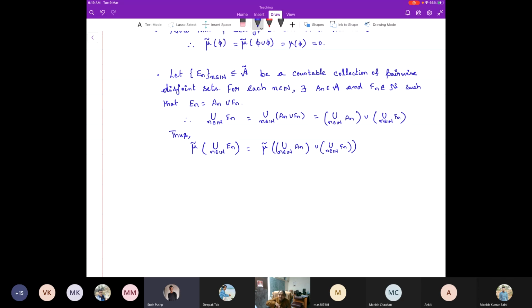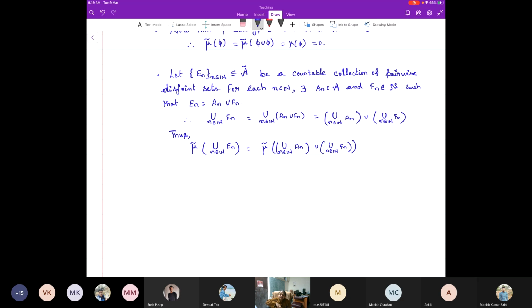Exactly. In the last class we showed that if you have a countable collection of sets in script N, then each F_n is going to be contained in some B_n, with B_n coming from A, and the measure of B_n is 0.